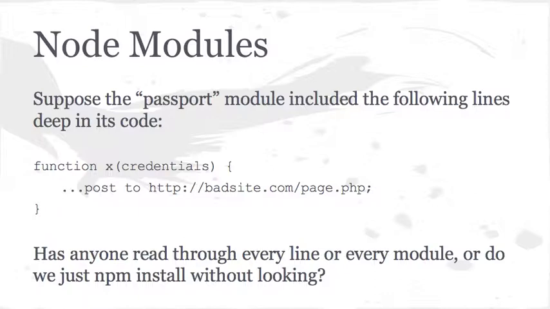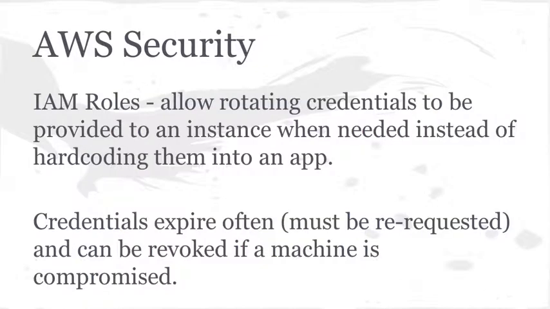I have a number of resources in the resources page for this presentation, but you should definitely understand what a module does, and if a module has functionality that you're not using, don't include it. It's a pretty simple concept, but I've seen countless applications where people include tons of Node modules, they have no idea what they do, and they wind up introducing concerns into their application.